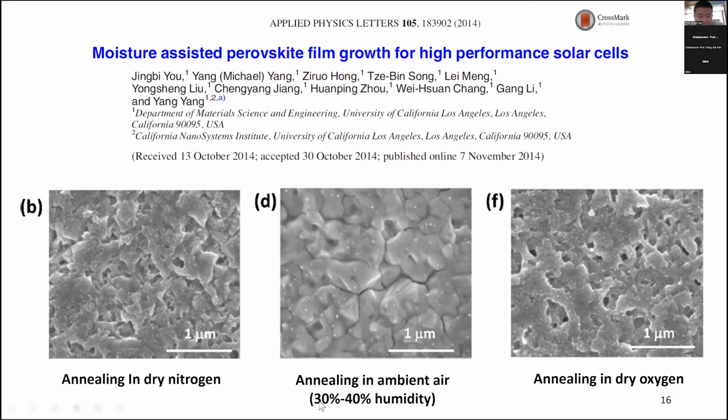For example, we found optimized conditions of 30 to 40 percent humidity. When we grow this material in ambient air with humidity, the grain growth is very good. So based on it, we can make high efficiency perovskite solar cells. Actually, we use this method up to now in the two-step deposition. We always grow the perovskite materials in a humid environment.